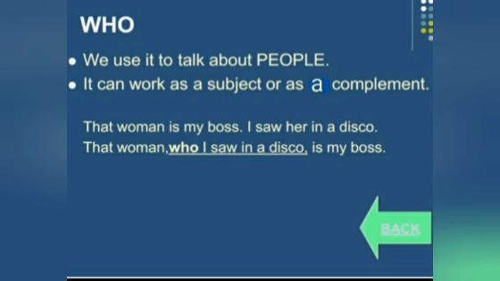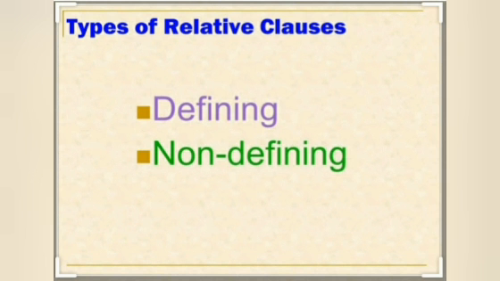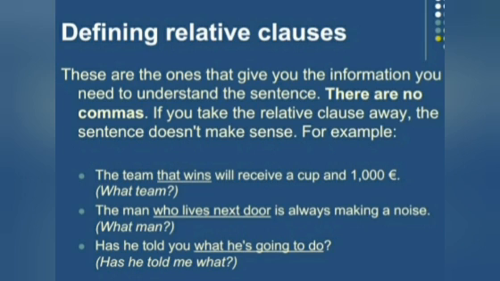Okay. Then we have two types of relative clauses. One is your defining relative clause and the other one is your non-defining relative clause. So first we'll learn about defining relative clause. Defining relative clause gives you important information, or you can say essential information that is needed to understand the sentence.